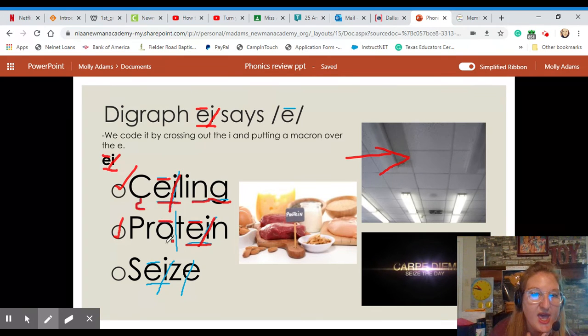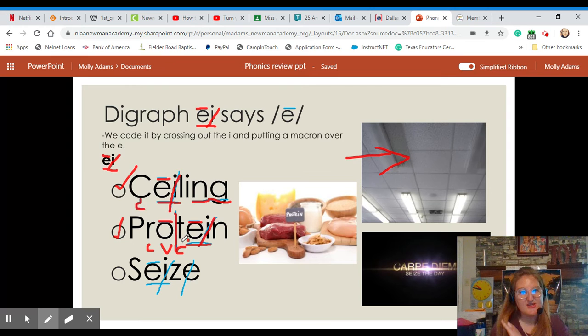Boys and girls, remember that when we have two vowels in a word, we have two syllables. So we need to find our syllable pattern. We have a consonant, vowel, consonant. So we need our division line to go right in the middle, between our first vowel and the consonant next to it.